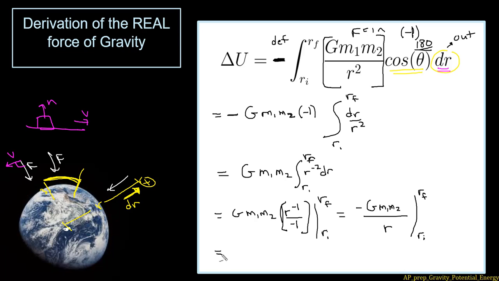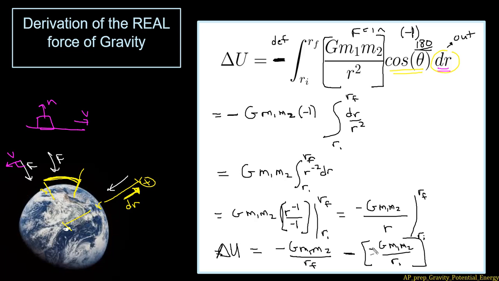The change in stored energy is negative Gm1 m2 over R final minus negative Gm1 m2 over R initial. I want you to look at this really closely.